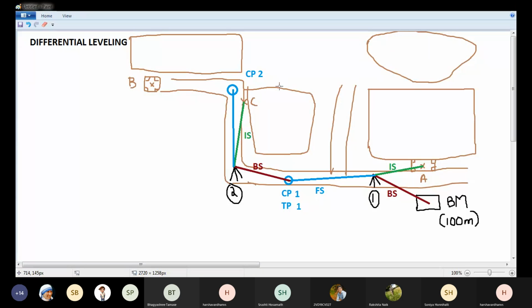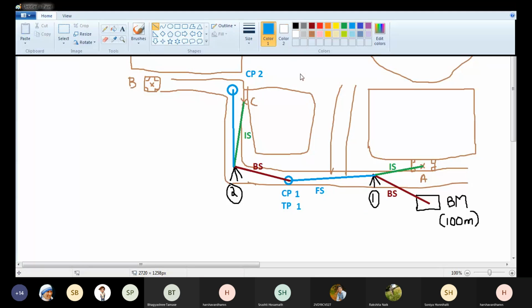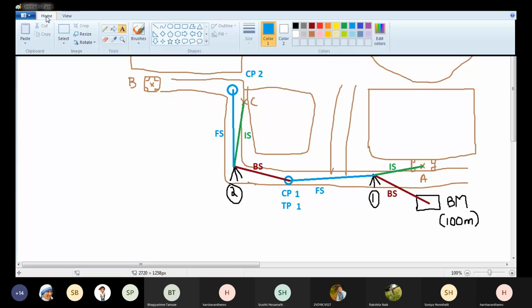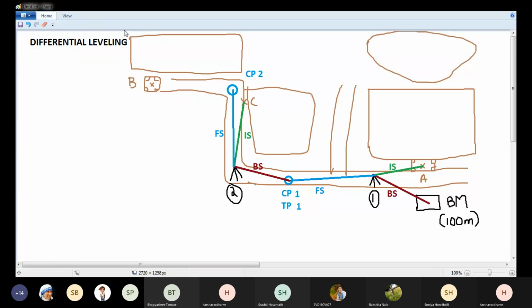Now this particular staff reading on the change point is a foresight, because I don't know the elevation of the change point, and it is the last staff reading. After taking the foresight, I'll shift the instrument here.